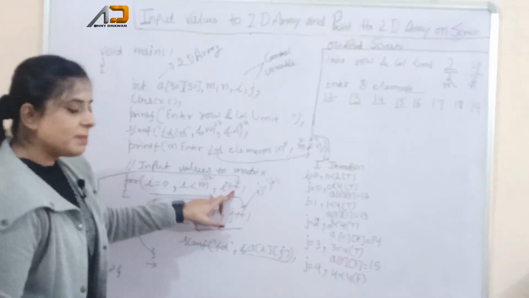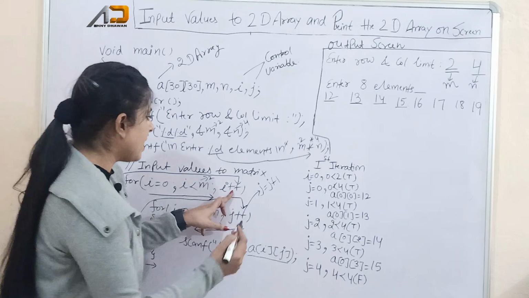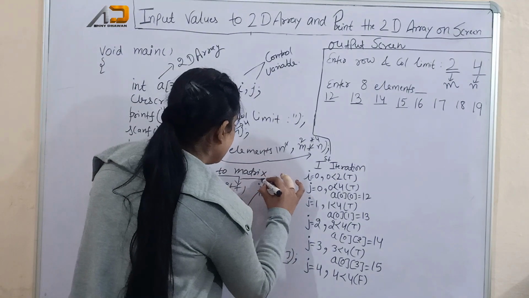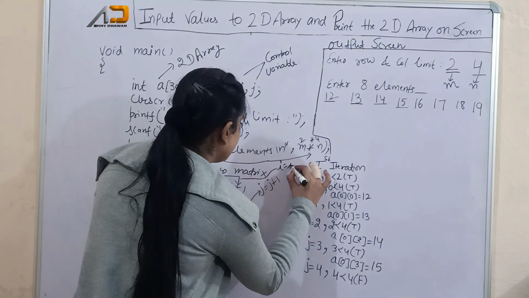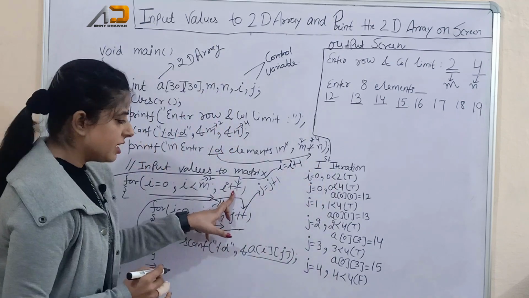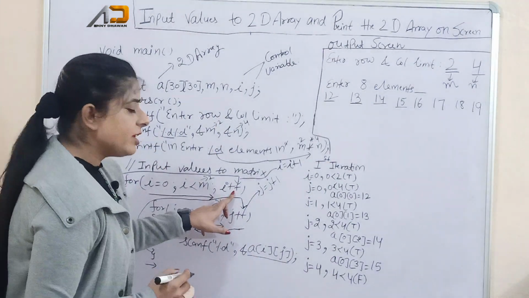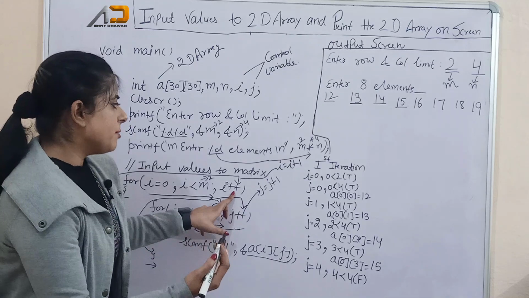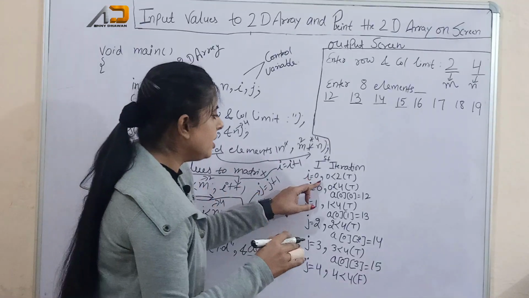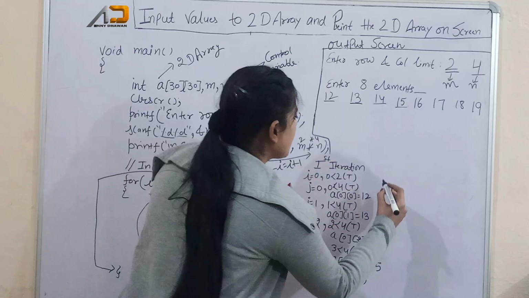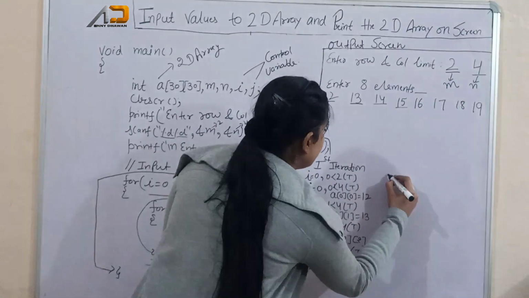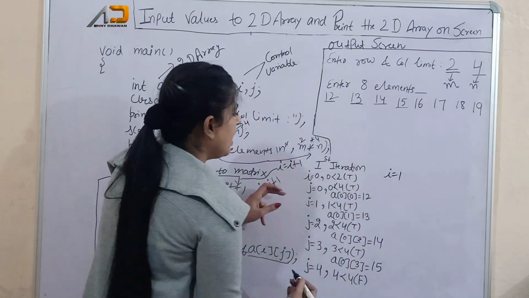Again this i plus plus is an increment statement, and it's a standalone expression that is equivalent to i is equals to i plus 1, and now i value will be incremented by 1. What was the previous i value? That is 0, and now the new i value will be 1.